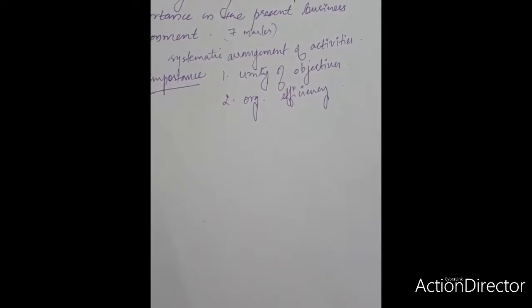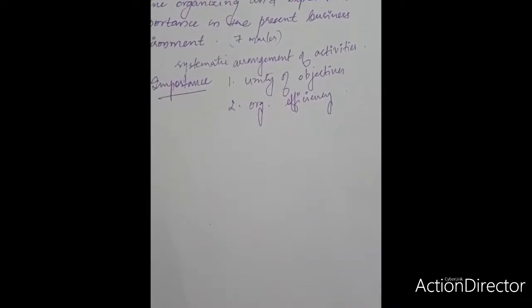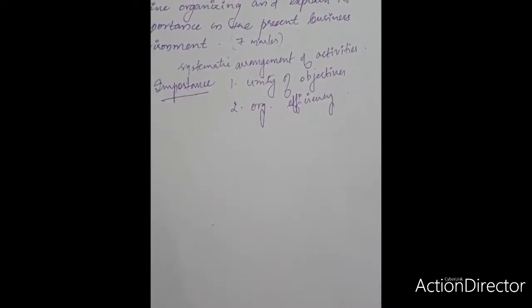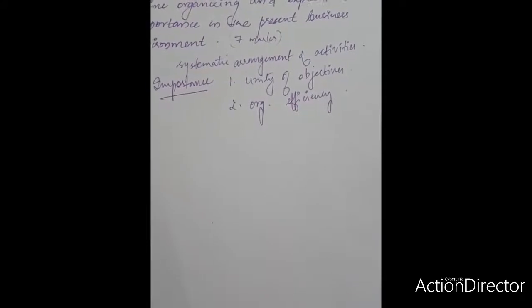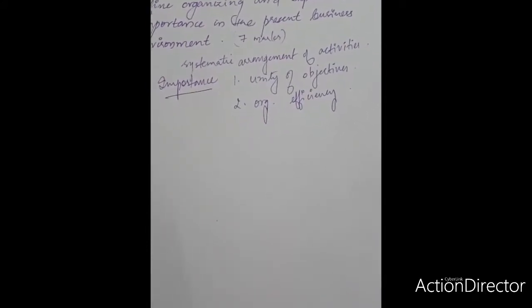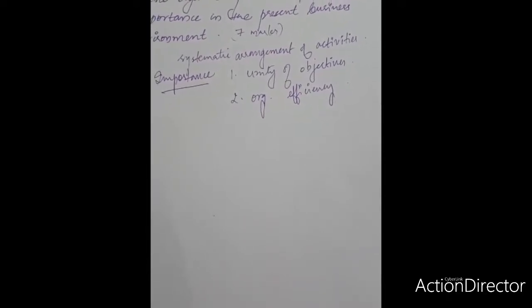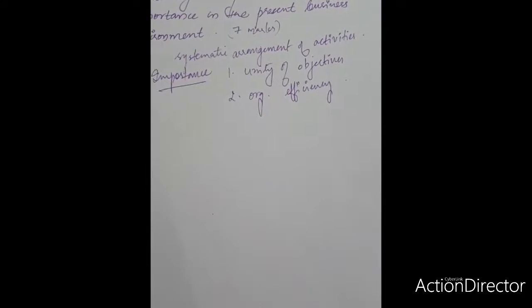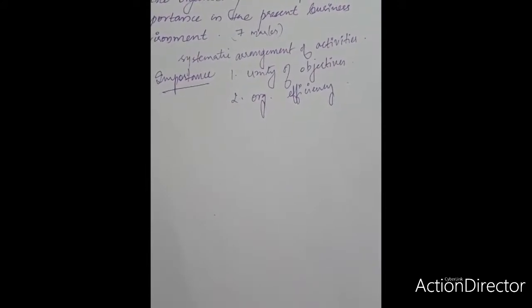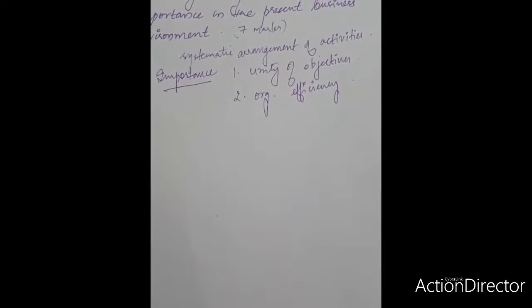So the main importance in the efficiency of an organization depends upon how well they make use of the resources. That is, by utilizing a minimum number of resources, they should attain the maximum result. That should be the motto of the organization, to have better organizational efficiency.